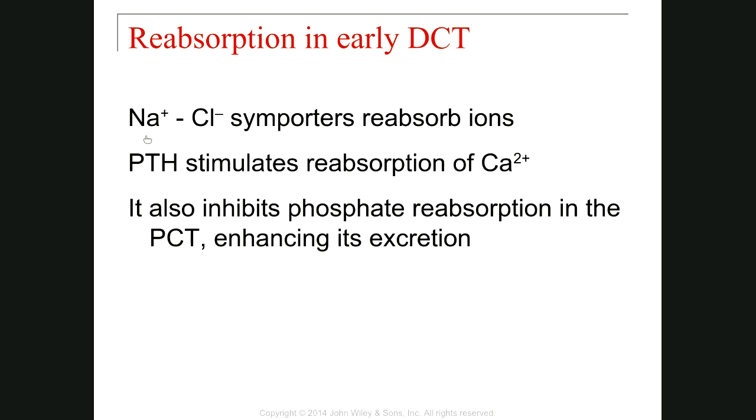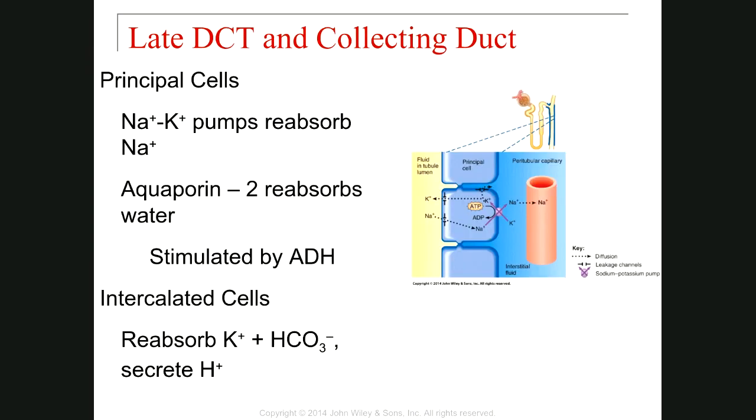When PTH is secreted, it can sit on its own receptor and help reabsorption of calcium ion. You need to know that when this hormone is secreted, it inhibits phosphate reabsorption in the proximal convoluted tubule, and in the opposite way, it enhances the secretion and excretion of phosphate from the urine and from our body.